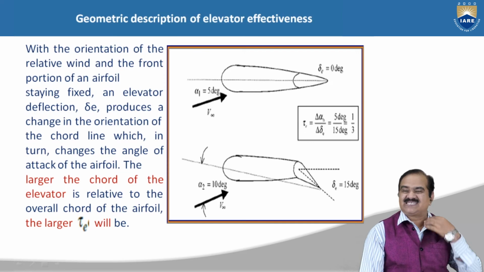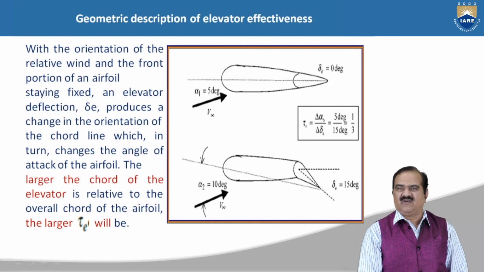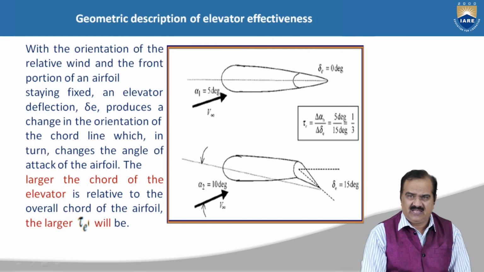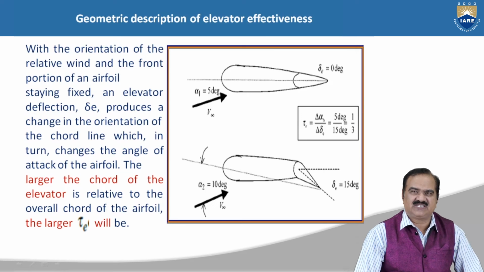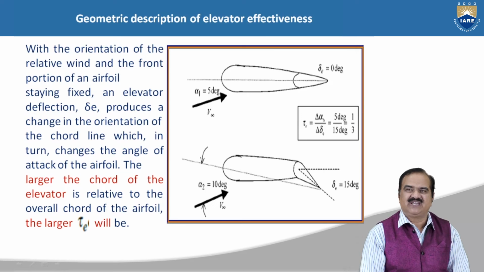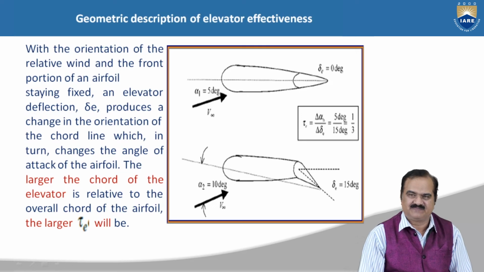Here we can see in this diagram that the orientation of the relative wind and the front portion of the aircraft stay fixed, and elevator deflection delta E produces a change in the orientation of the chord line, which in turn changes the angle of attack of the airfoil.